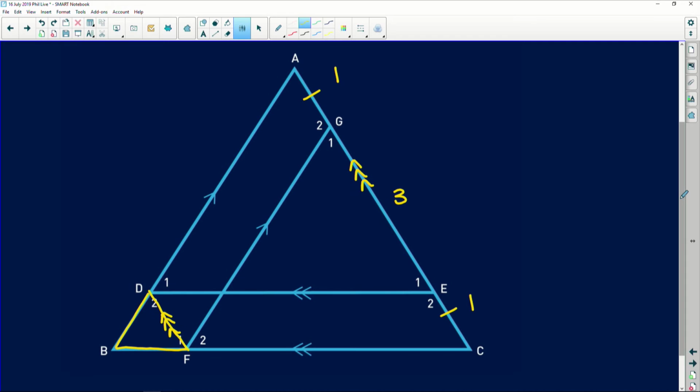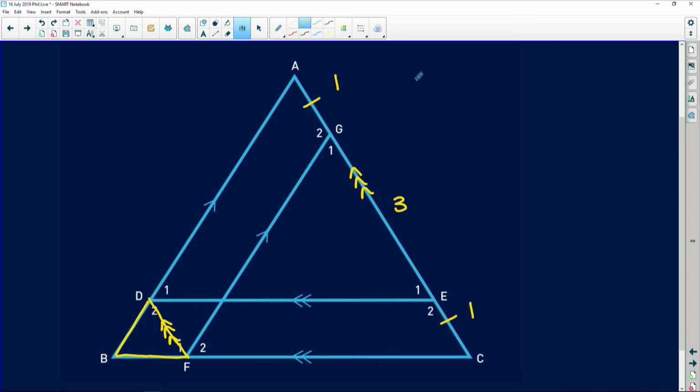So that means that obviously we need to find an expression that will relate these two areas together. So let's take a look. Area of triangle BDF is equal to, well, we have that length there and that length there.